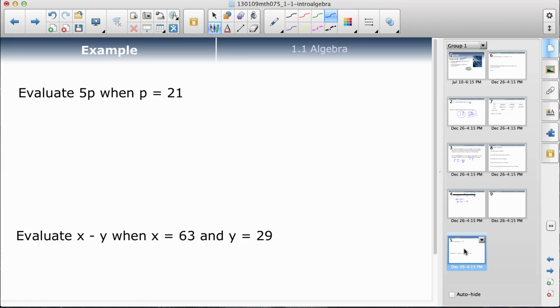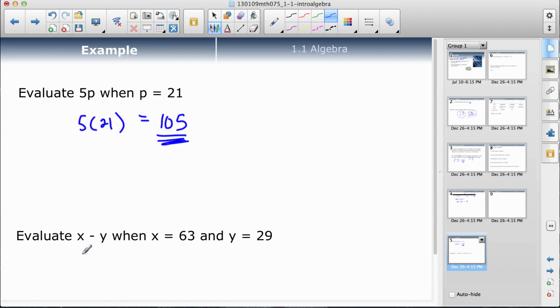Here's another one. I have a couple of pages of these. Feel free to pause and try them on your own, and then come back and see if you're on the right track. Evaluate 5 times p when p is 21. So 5 times whatever p is, in this case 21. Multiply those two numbers, and so 105 is the answer to 5p when p is 21.